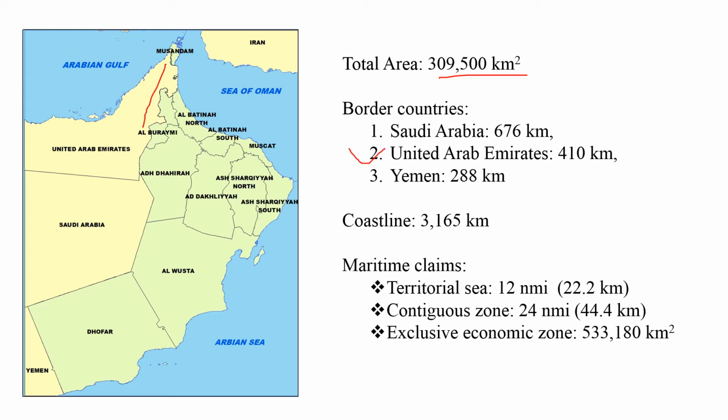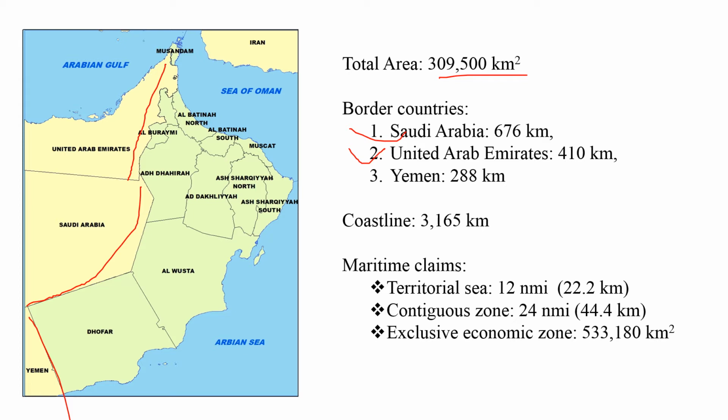In the western part you can find Saudi Arabia, and in the southwestern part you can find Yemen. So these three countries are the land-based borders.